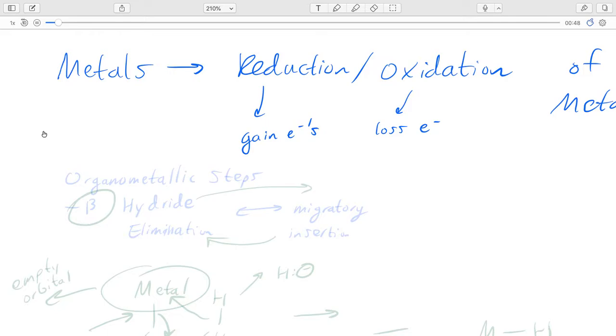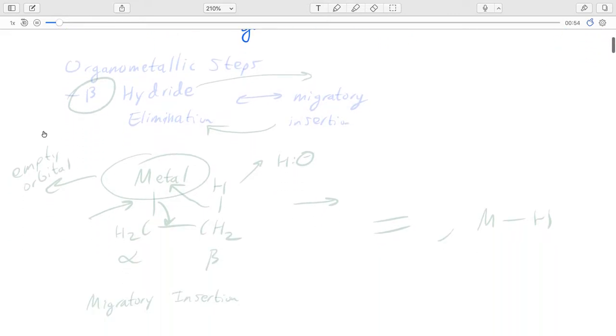So going through the 7 types of things, let me just pull up a picture really quick. Organometallic steps. Organo because, well, it's organic chemistry. So both beta hydride elimination, how should I write this?